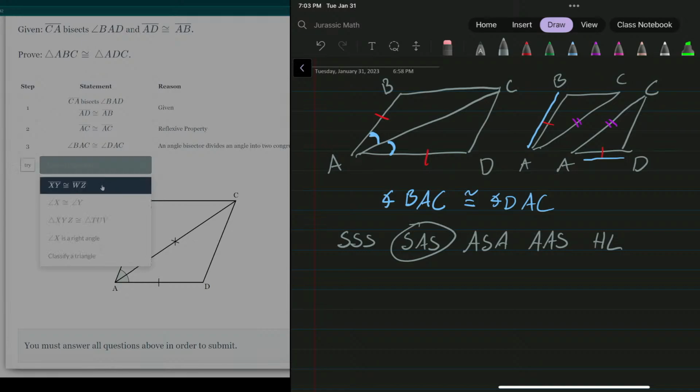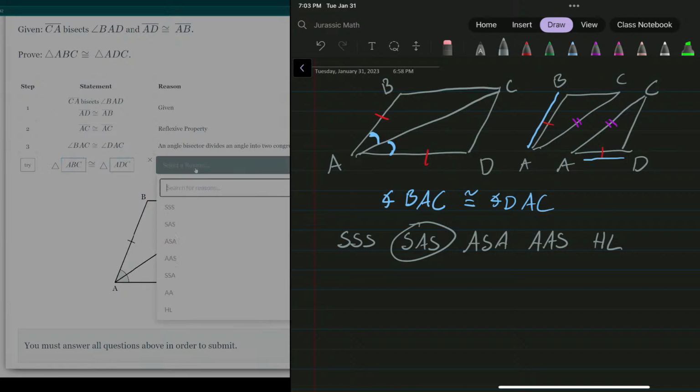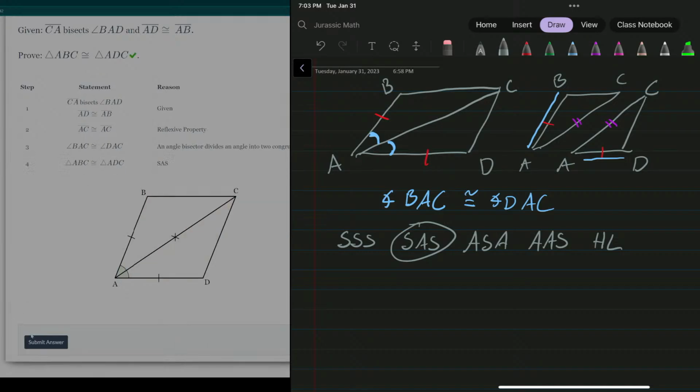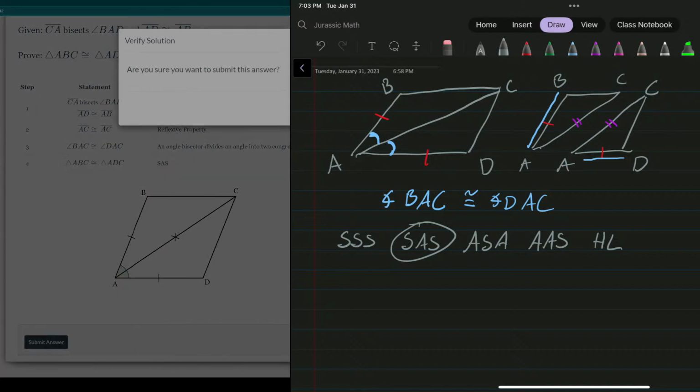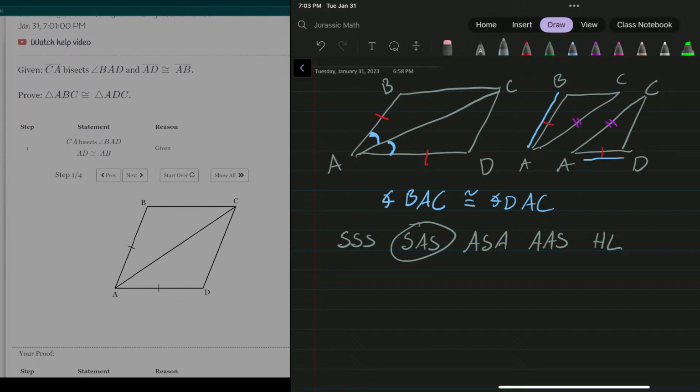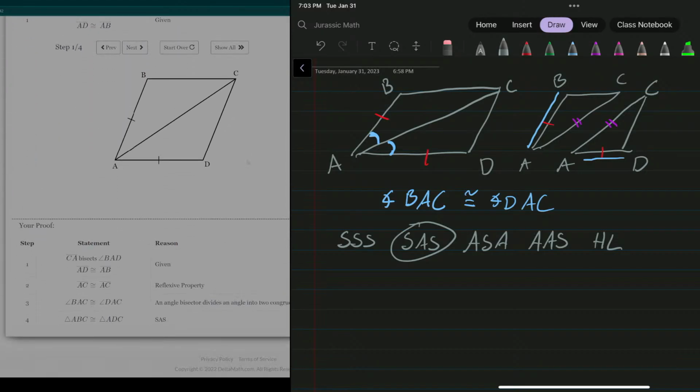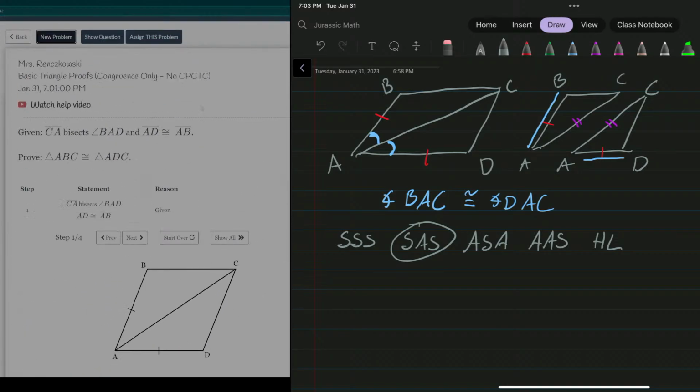So now I can say my two triangles are congruent. ABC is congruent to ADC by side, angle, side. And that's it. All done with a proof. It always comes down to drawing your picture and knowing your vocabulary words.